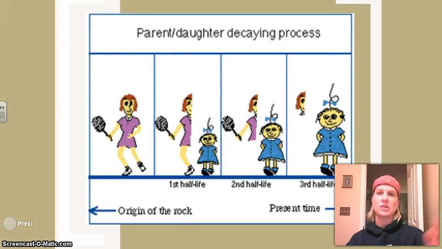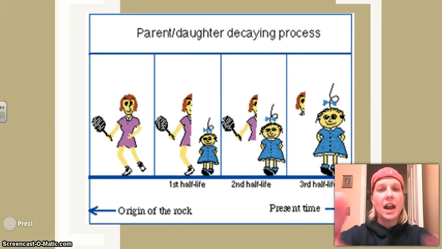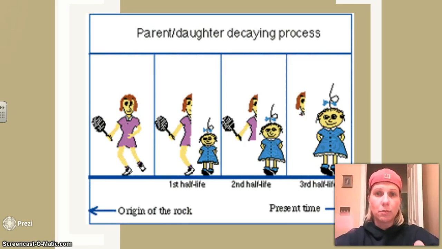Another way to look at it, this is a little simpler of an idea, but we literally have a parent. We start off with 100% of the parent. After one half-life, so some set amount of time, I have half the parent, and I have half the child. After another half-life, I'm going to have half of that half of the parent, and I'm going to have more of the child.